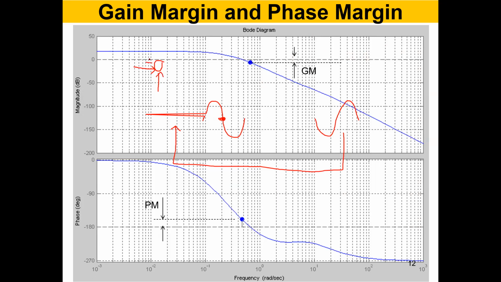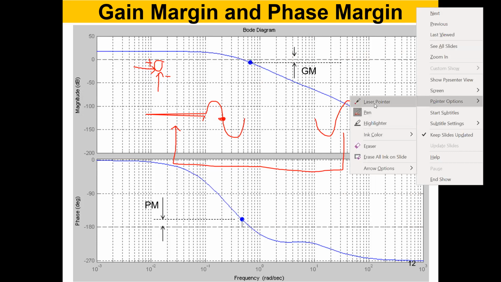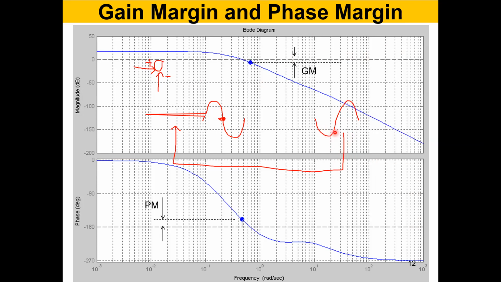So this is positive and this is supposed to be negative. Now when you are feeding back a signal which is 180 degrees out of phase, are you actually doing what you are supposed to do? Plus minus? No. You are adding these two signals together. This is not actually negative feedback. This is going to be positive feedback. So that is a very, very bad thing to happen for a system.